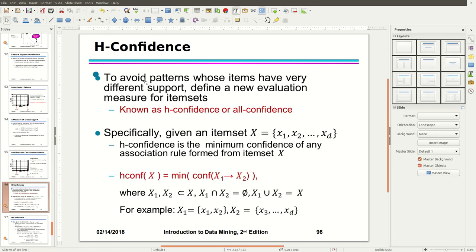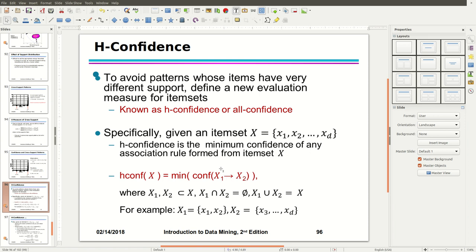In order to avoid patterns whose items have very different support, we need to define a new evaluation measure known as H confidence or all confidence. Specifically, given an item set X, H confidence is the minimum confidence of any association rule formed from the item set X. So we have H confidence of X, and we have confidence of X1 implies X2.